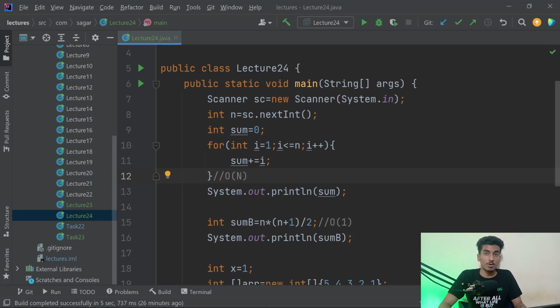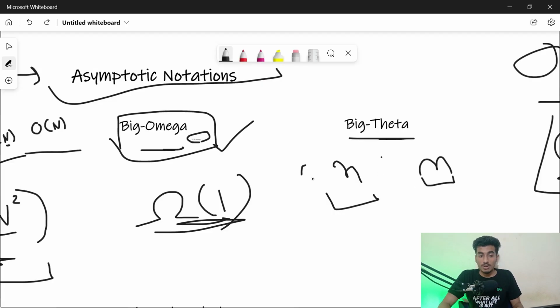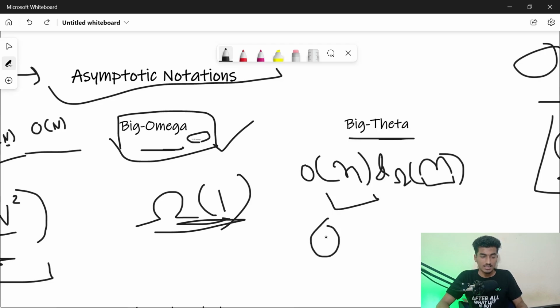And in the best case we also have to traverse from 1 to n. There is no condition, so that is a must. That is also the best case time complexity. So when our worst case time complexity is O of n, and our best case time complexity is omega of n, then we write it as big theta notation, represented by this theta. So that is also, you can say, the average time complexity of your algorithm.